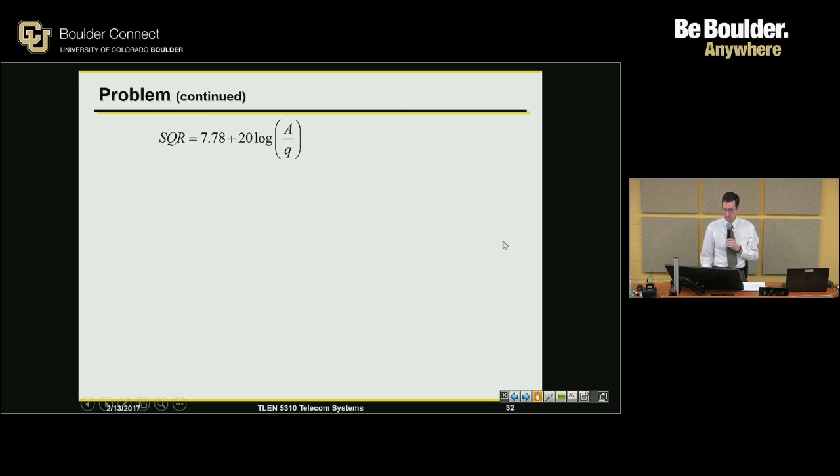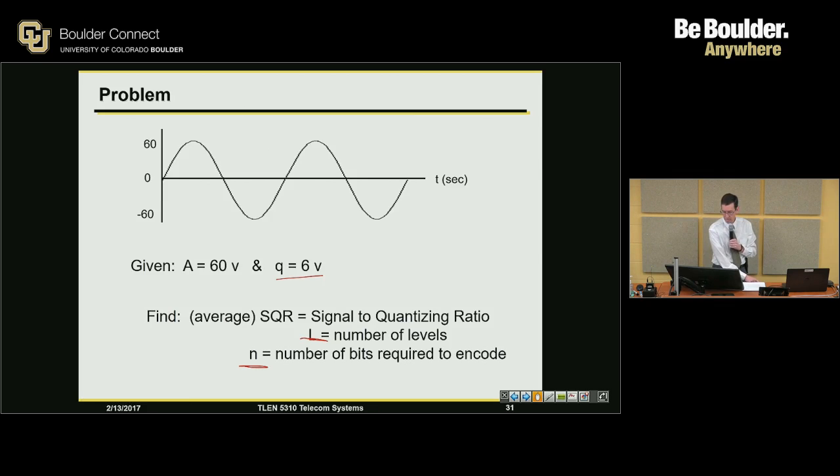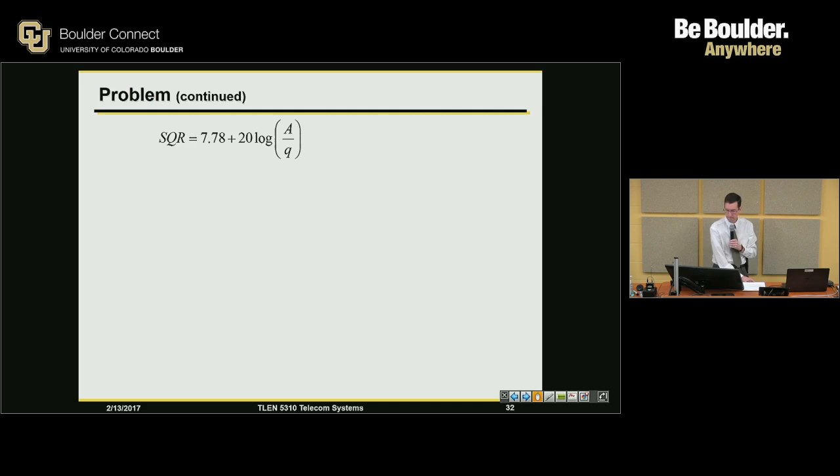So if we, let's see, what was my original information? Okay, so A is 60, which is the peak voltage. So I'm going to put 60 in there, and I'm going to put, what was it, the quantizing was 6.